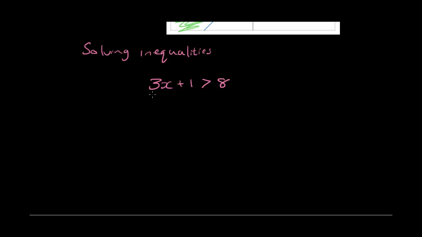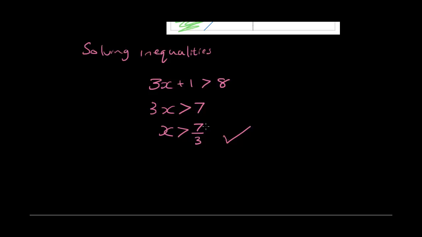So you can just do 3x is bigger than 8 minus 1, which is 7, and x is bigger than 7 over 3. So you have solved it. x has to be bigger than 7 over 3.